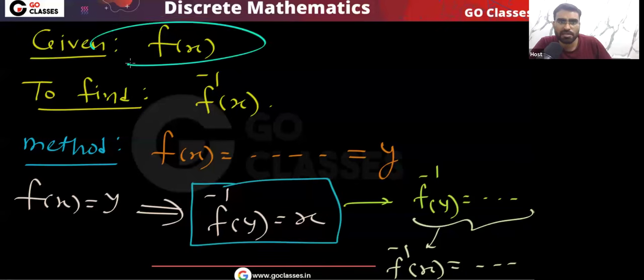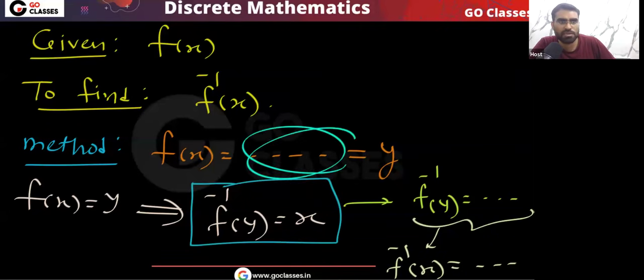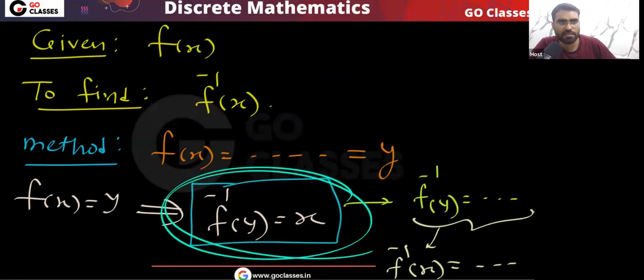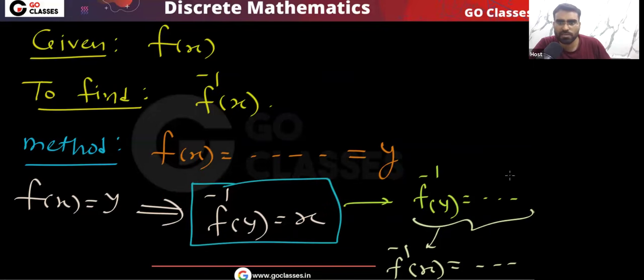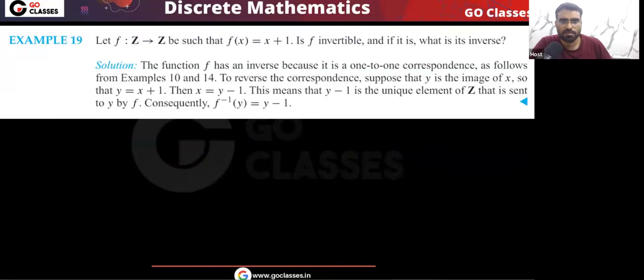Just assume this is y. So you can see f(x) equals y. That means x equals f inverse y. From here, you just find f inverse y, and at the end, you replace y with x. So very easily you can do this.